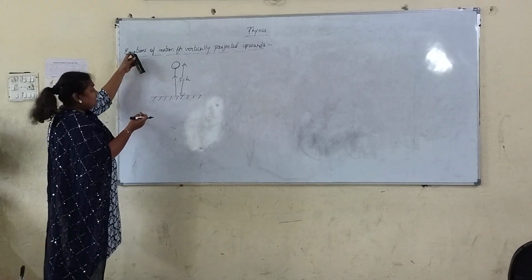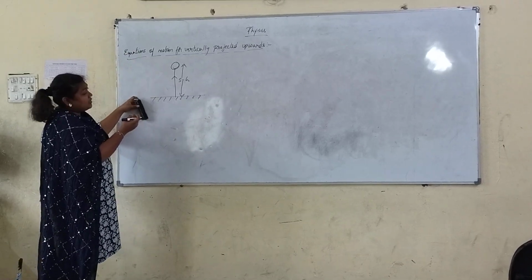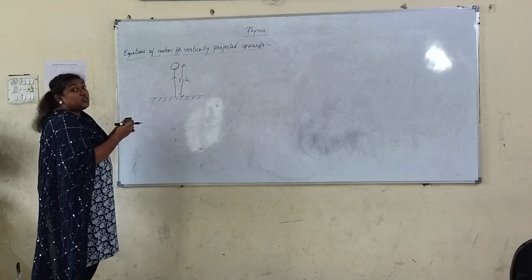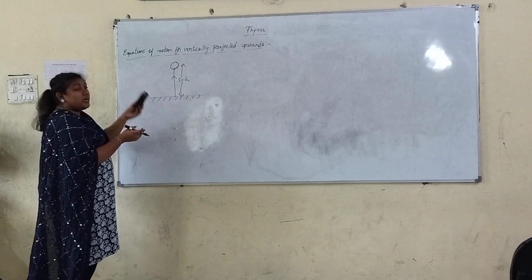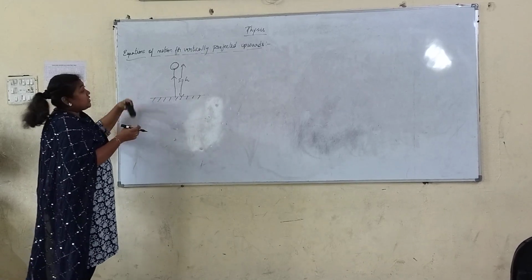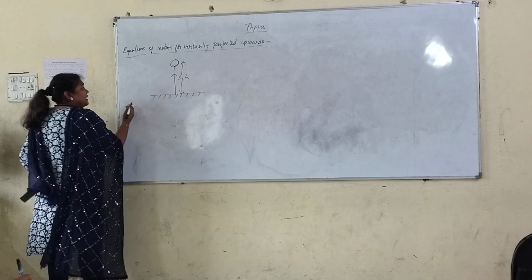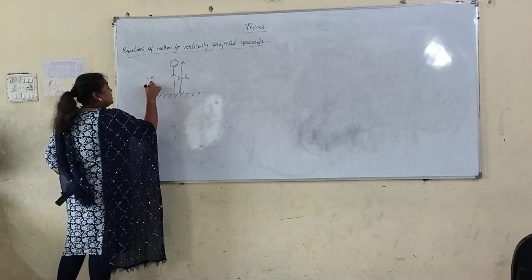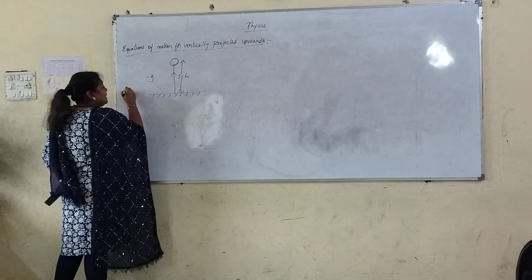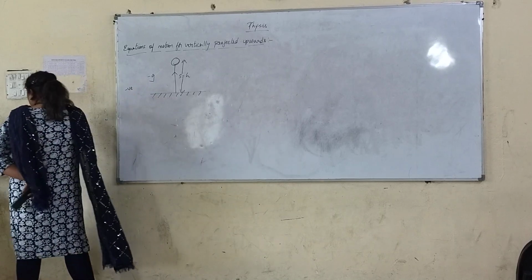You know that the direction of gravity is downwards, but here we are projecting upward, which means we are applying a force in the direction opposite to gravity. So here we take gravity as minus g, that means a negative sign will be there.